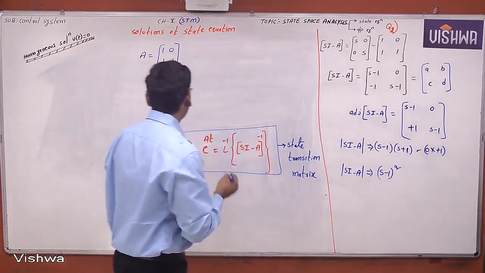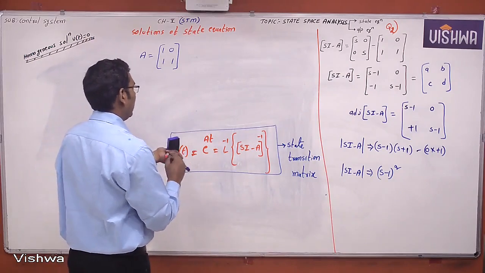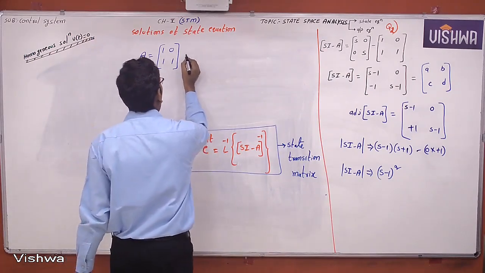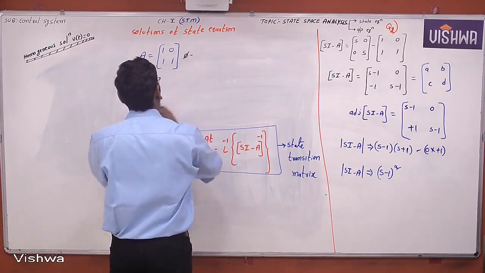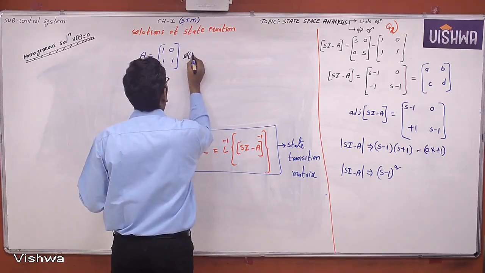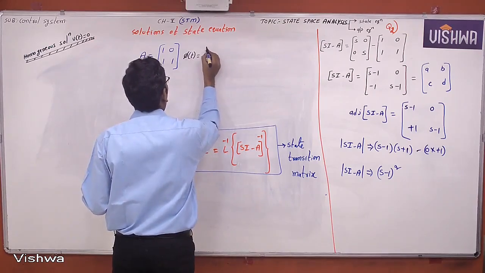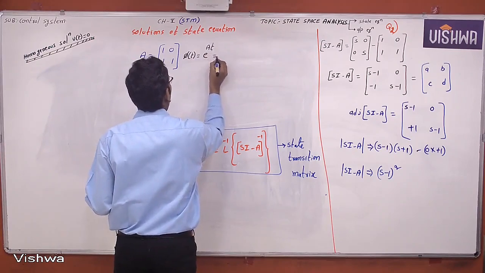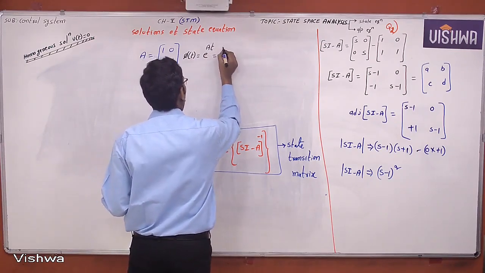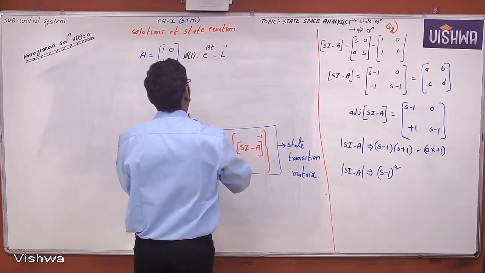Then what is the state transition matrix finally? The state transition matrix phi of t is e power at, which is the inverse Laplace transformation of (sI minus A) inverse.